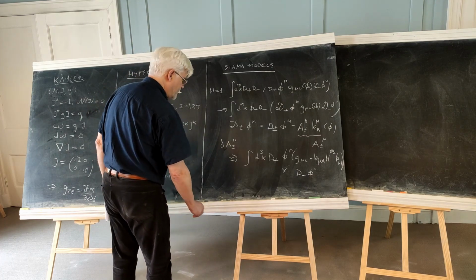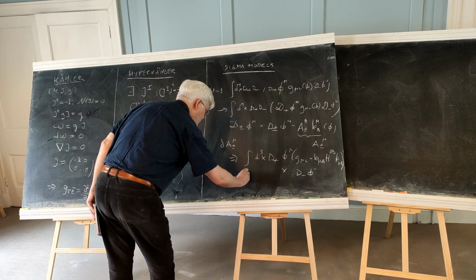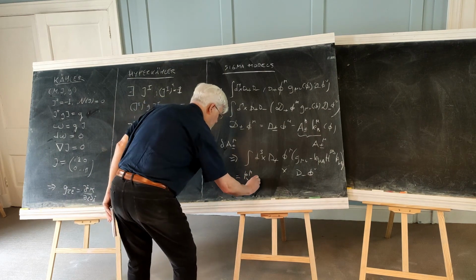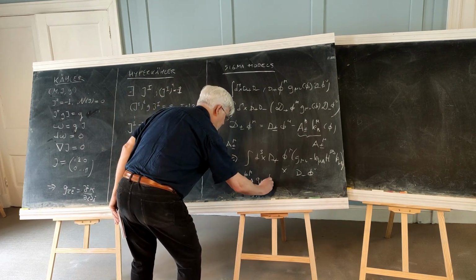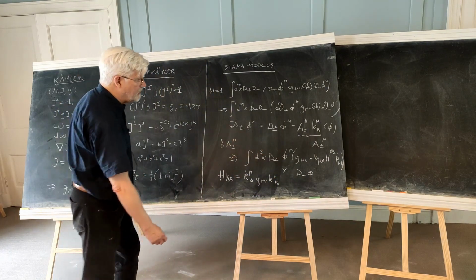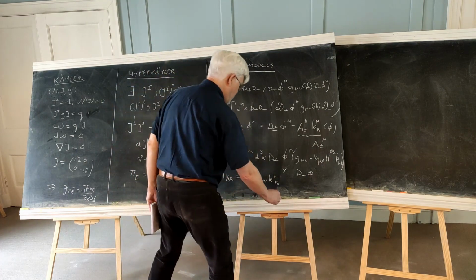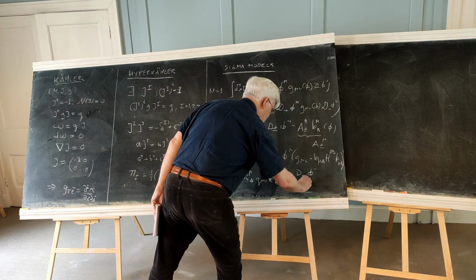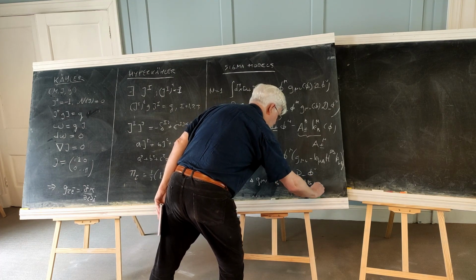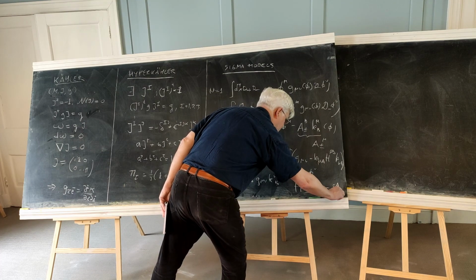So here H A B is defined to be K mu A G mu nu K nu B. And this with upper indices is the inverse. So maybe I should write that. H A B H B C is delta A C.